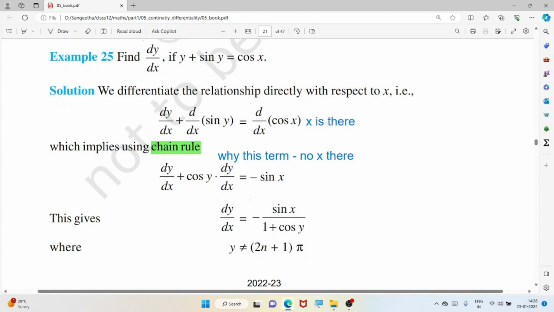But on the right side we have x, so minus sine x, and we are not putting dy by dx there. That is important. For this term we put dy by dx because we are differentiating with respect to x and the variable is y. But where x is there, we do not put an additional dy by dx.